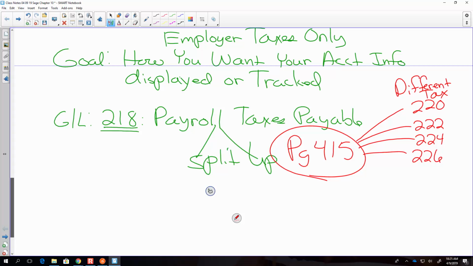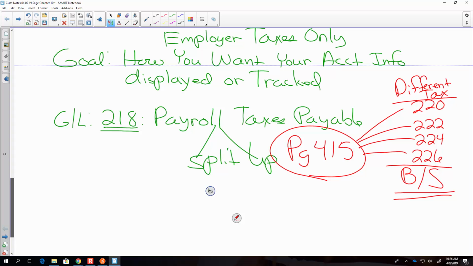Where do these accounts appear? What statement? The 200s are on what statement? The balance sheet, right? So as soon as I do a payroll, I need to look at the balance sheet.